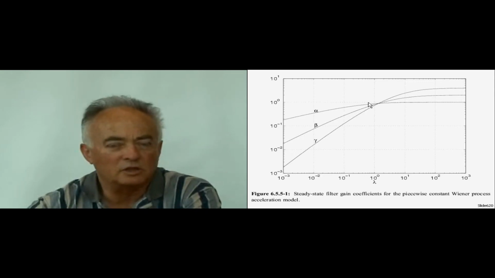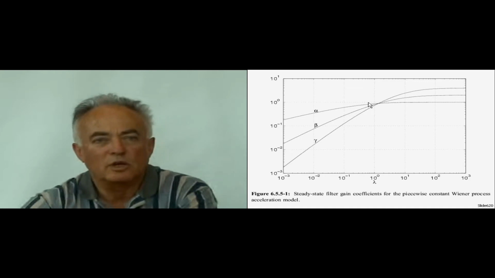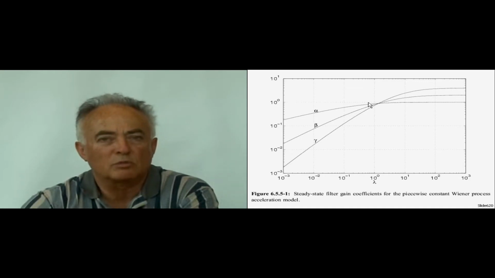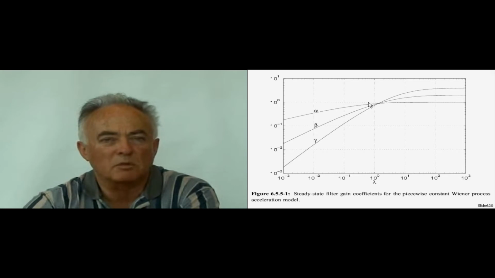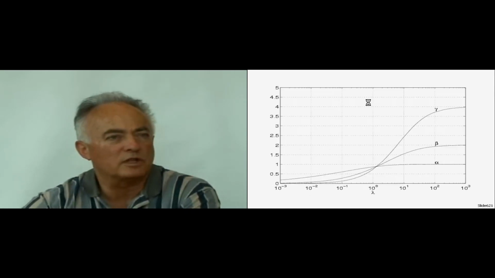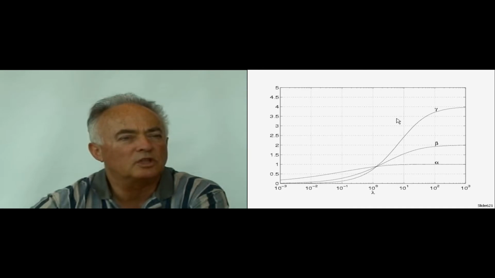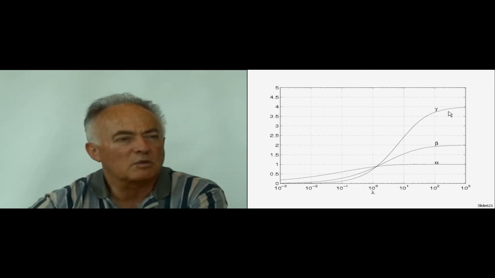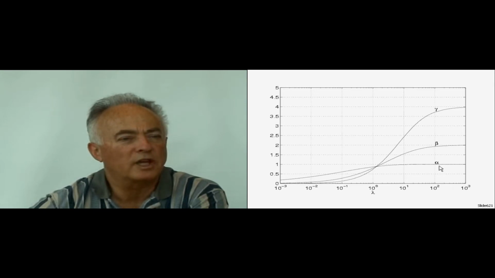And by the way, there are results in the literature when you have not only position but position and velocity measurements. In this case, you have a more complicated filter, not 3 gains, but 6 gains, but we are not going to cover this. So here are the more detailed semi-log plots of the 3 gains as a function of the maneuvering index.